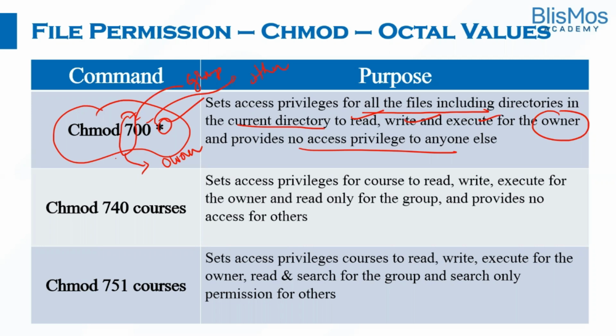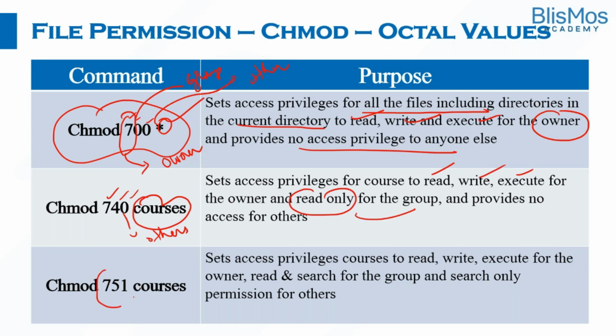Let us look at one more example. We have chmod 740. What it means is it sets privileges for a file or a directory called courses to read, write, and execute for only the owner, read only for the group, and no permission for the others.